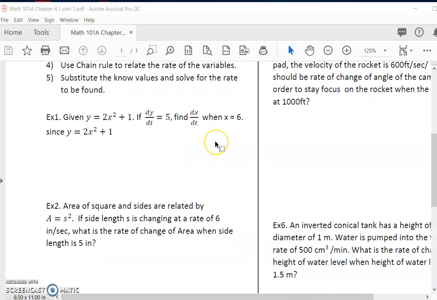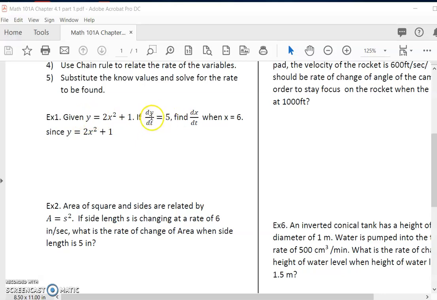Okay, so let's do example 1, which is a really basic one that does not involve any word problem. It's just a formula of x and y. It is given that y is 2x squared plus 1, so y is a function of x. And then somehow we know y is changing. dy/dt is 5.